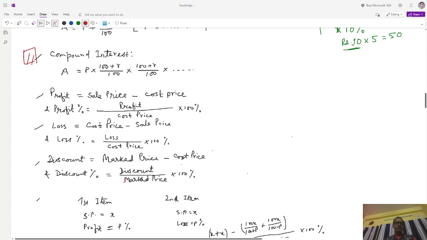So this is the profit and loss section I explained. There are many questions coming from this part, and if we understand these points only, then we can solve these problems very easily. Nothing else there.